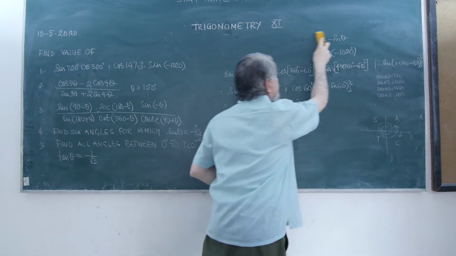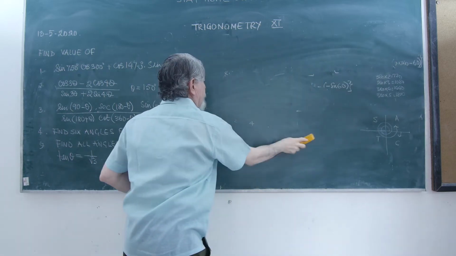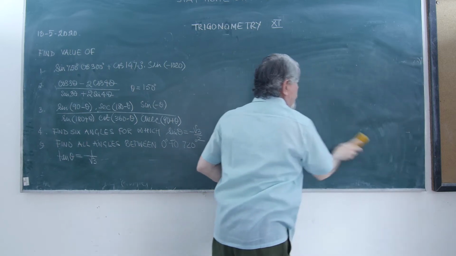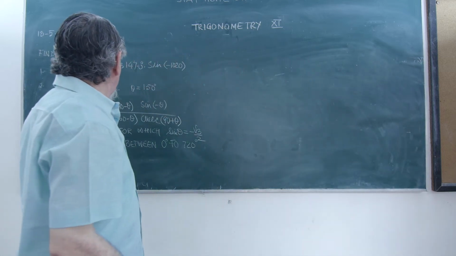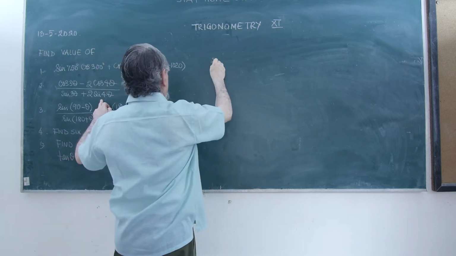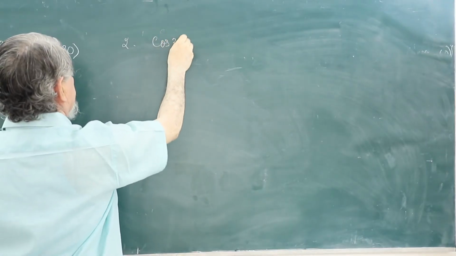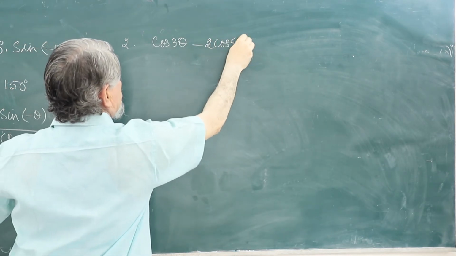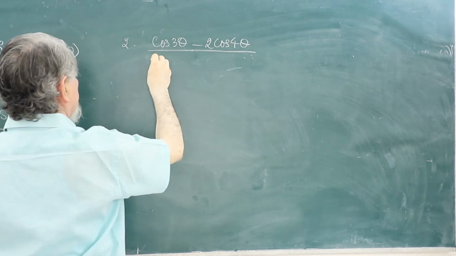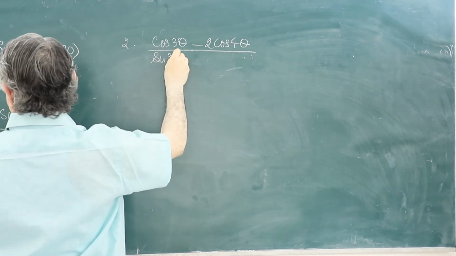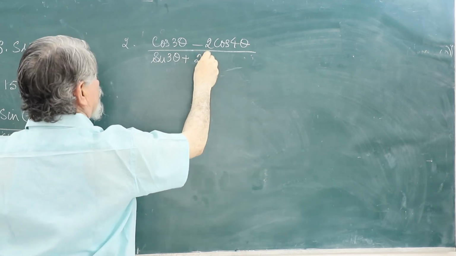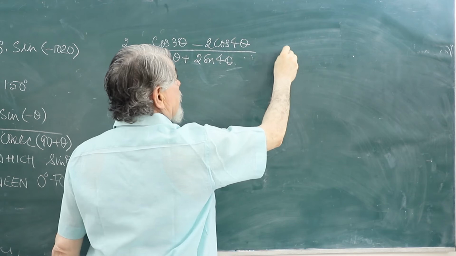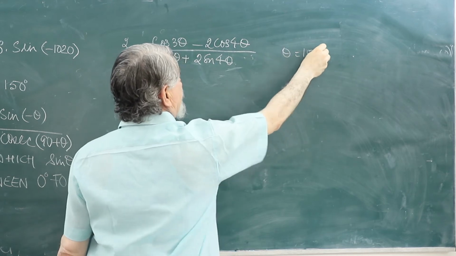Now let us see the second question. Cos 3 theta minus 2 cos 4 theta upon sine 3 theta plus 2 sine 4 theta, and he says theta is 150 degree.